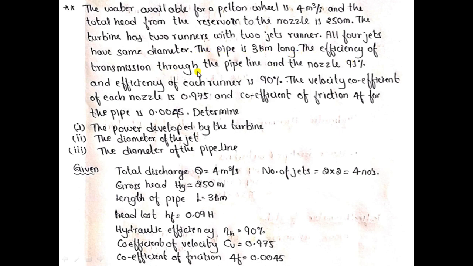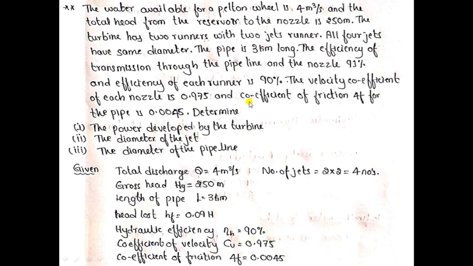The efficiency of the transmission through the pipeline and the nozzle is 91%, and the efficiency of each runner is 90%. The velocity coefficient of each nozzle is 0.975 and the coefficient of friction 4f for the pipe is 0.0045. Determine the power developed by the turbine, the diameter of the jet, and the diameter of the pipeline.